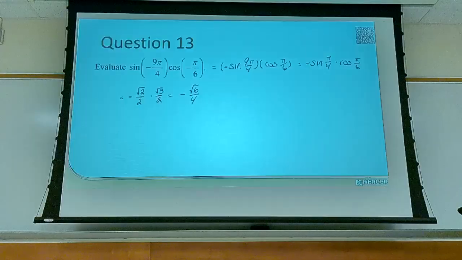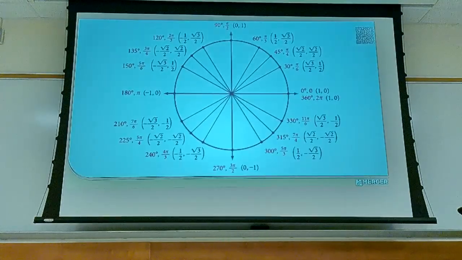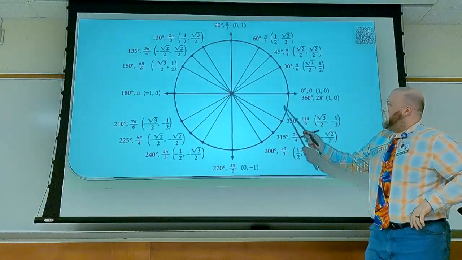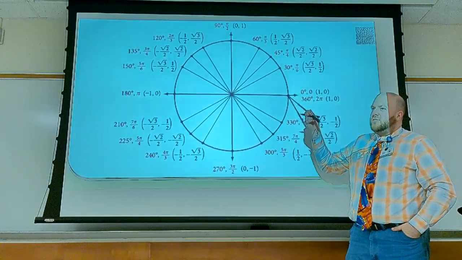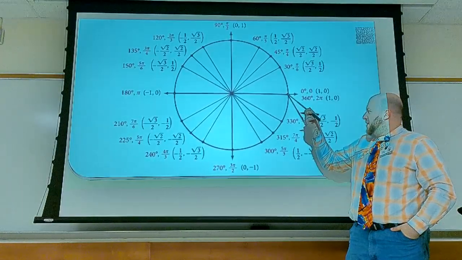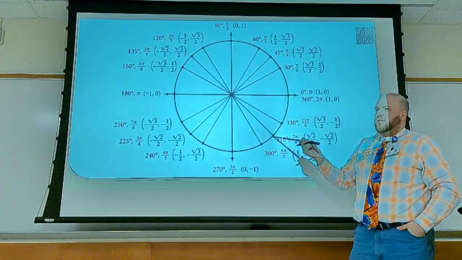But if you just want to use the unit circle, well, negative 9 pi over 4 and negative pi over 6 are not on the unit circle. So you still have to understand coterminal angles. Negative 9 pi over 4, you know it's going to be one full revolution clockwise, and then pi over 4 down. There's negative 9 pi over 4.